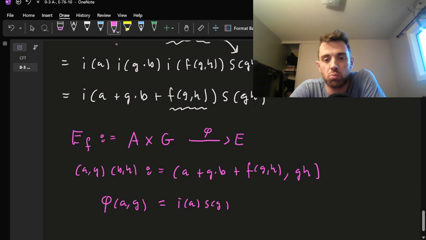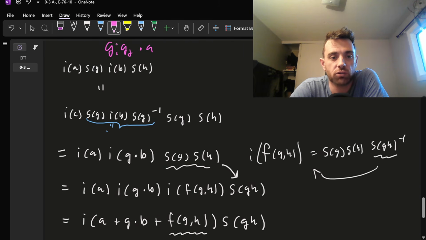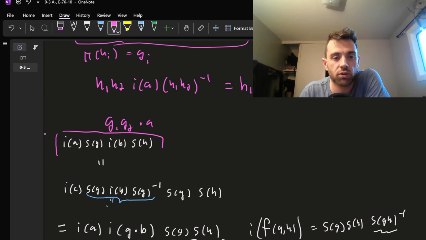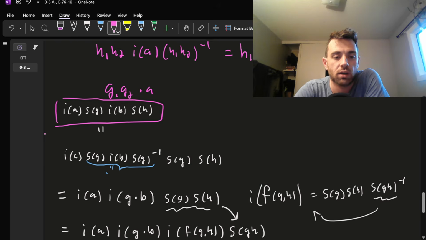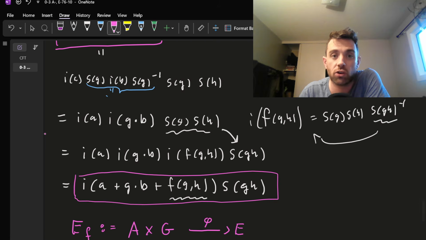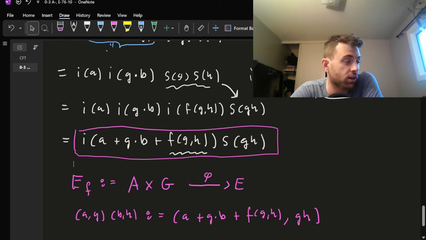And so we can essentially see by this argument that we've actually carried out above, starting from this term and ending up on this term, that this is a homomorphism. So that part is done, essentially by construction. But of course, we'd like to know that this is an isomorphism.